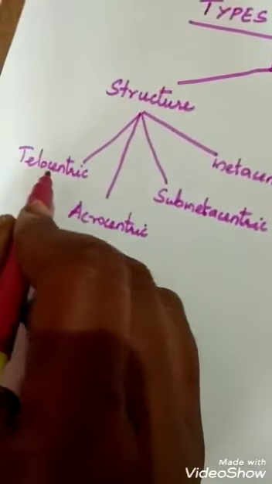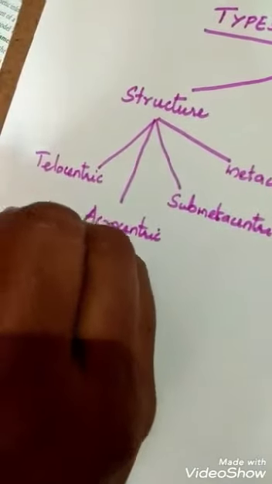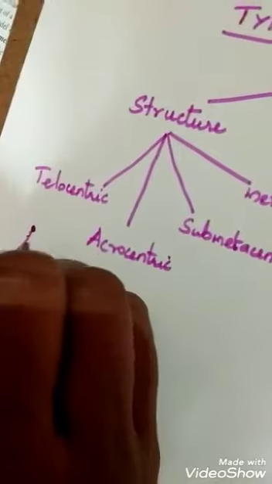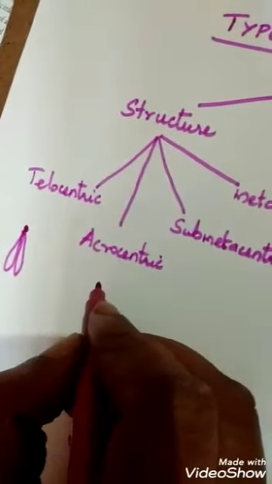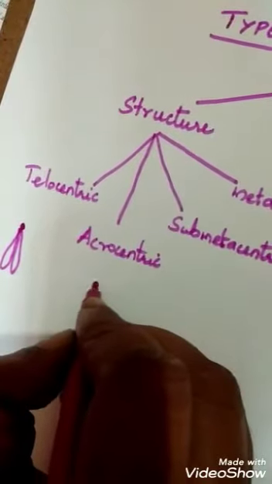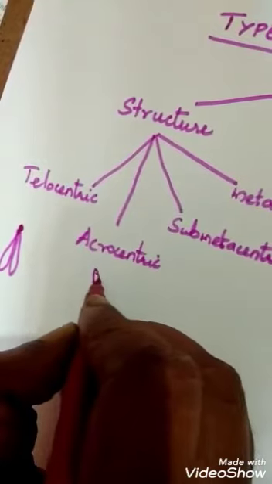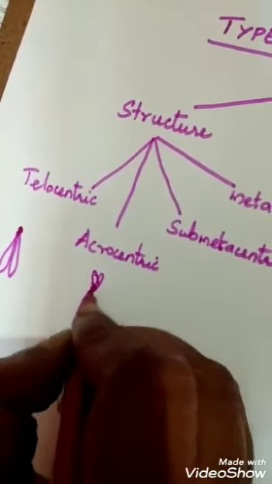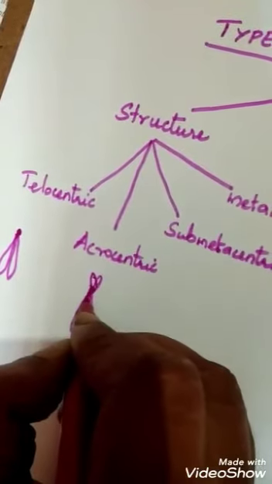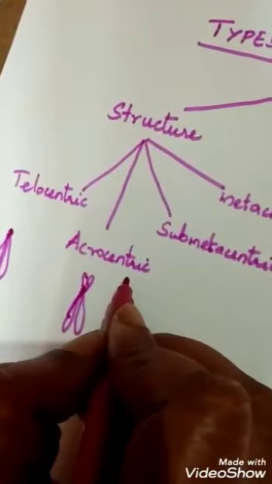Telocentric. Here in this case, the centromere is present at the tip of the chromosome. If the centromere is found at one end of the chromosome, with one arm too short and the other arm too long, then that is known as acrocentric.